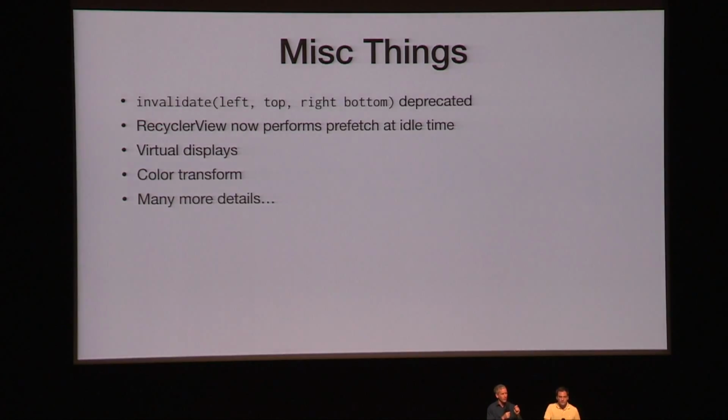But the benefits were, exactly as you pointed out, the ripple, as well as circular reveal animations, run atomically on the render thread, and also now animated vector drawables as of the O release, I believe. They benefit from the same thing, which is they run asynchronously. They can keep running on the render thread even when something is stalled out on the UI thread. In an ideal world, we would allow all animations to run on the render thread.